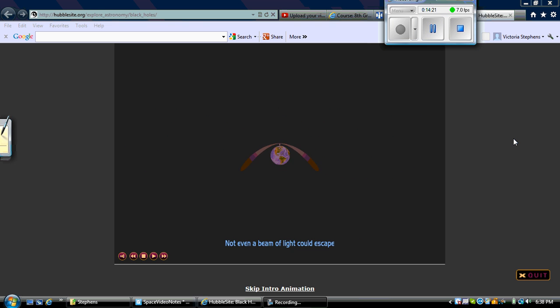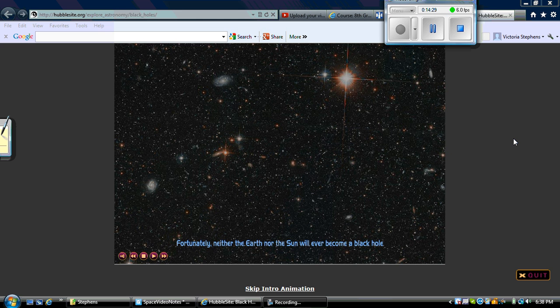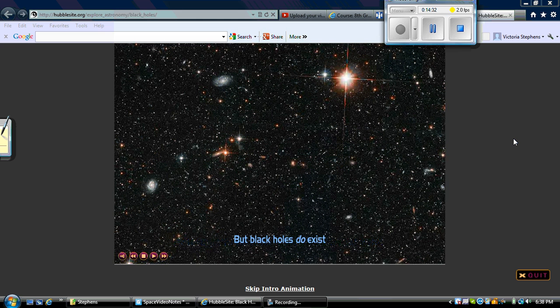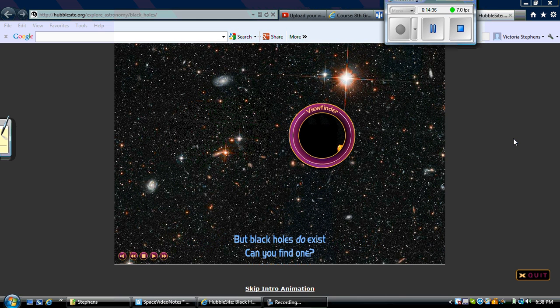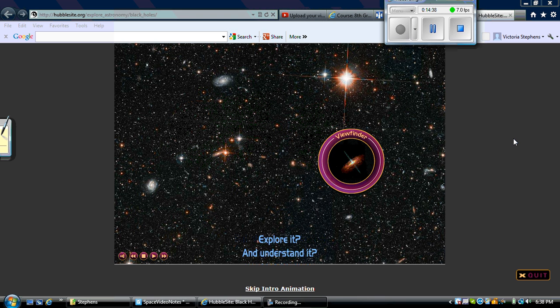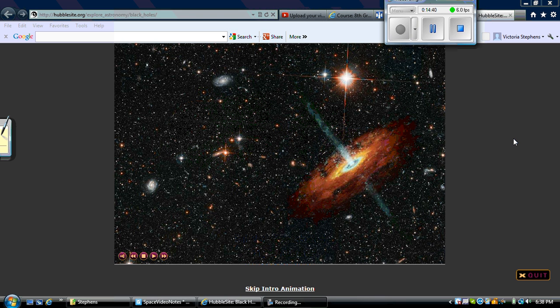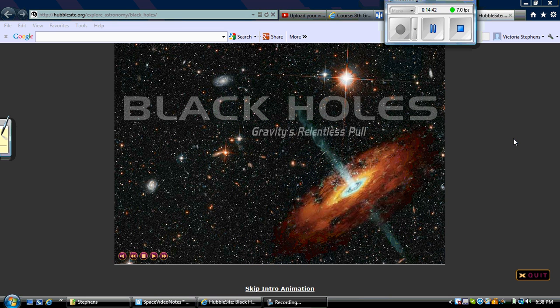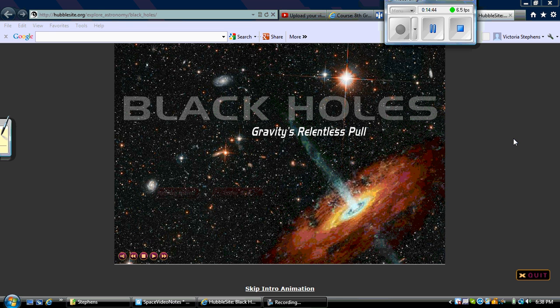Not even a beam of light could escape. We call this a black hole. Fortunately, neither the Earth nor the Sun will ever become a black hole. Only stars can become black holes. But black holes do exist. Can you find one? Explore it. And understand it. Black holes. Gravity's relentless pull.